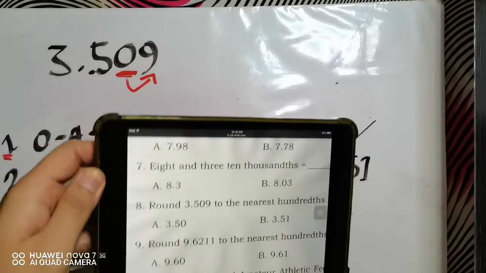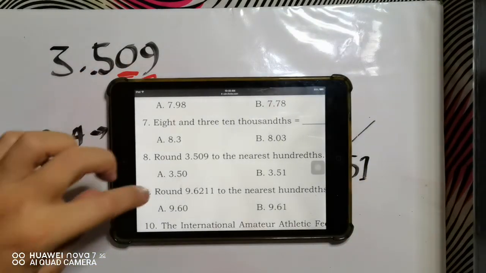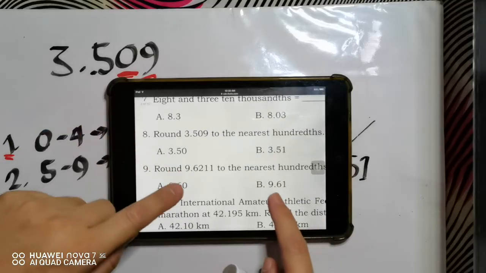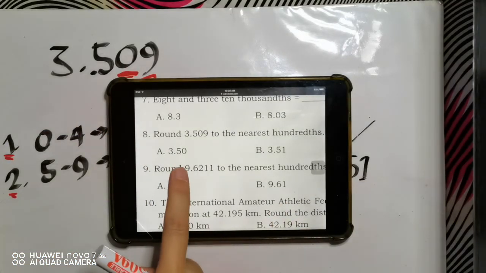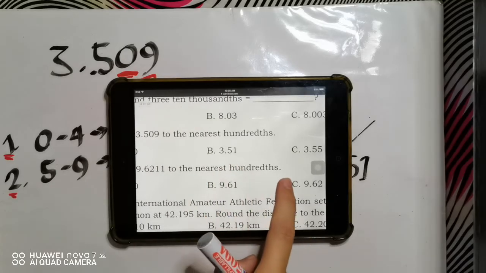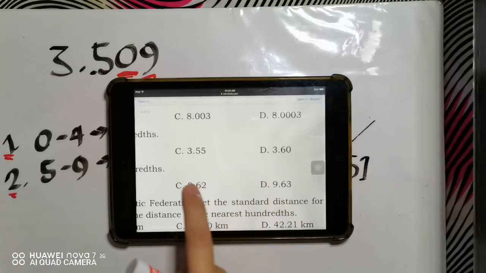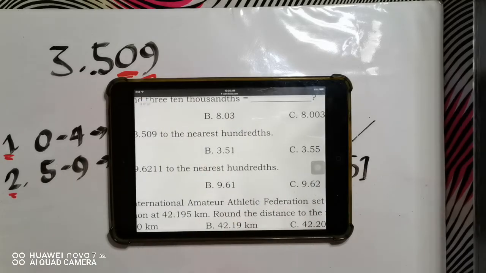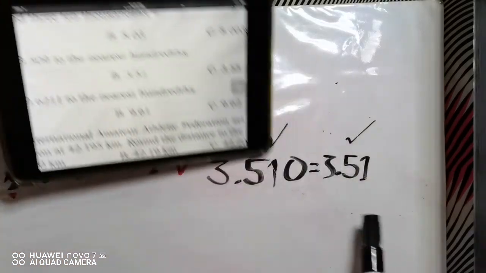So let's see in the example kung ano yung tamang sagot. Okay, number 1, letter A, 3 and 50 hundredths. Letter B, 3 and 51 hundredths. Letter C, 3 and 55, 3 and 60. So the correct answer is letter B. Ito, 3 and 51 hundredths.